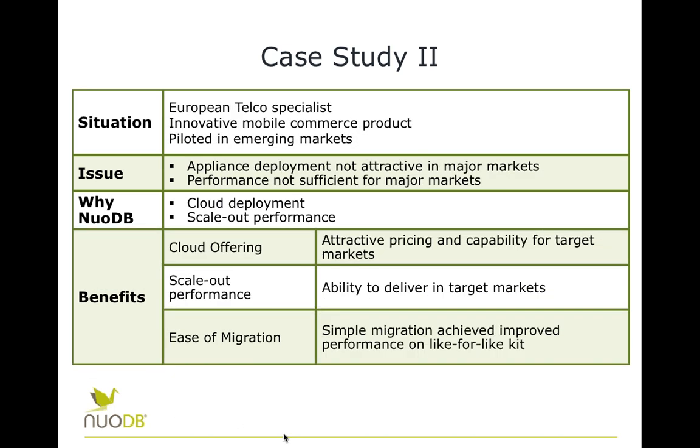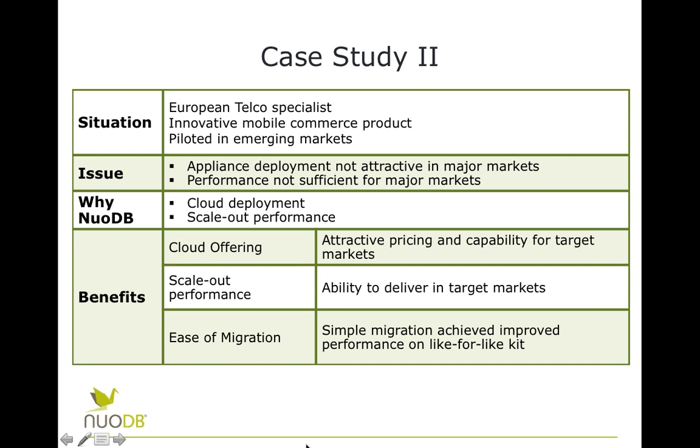And the second case study I'd like to look at is a European company, and they've rolled out a pretty cool mobile commerce application, but they've been piloting that in what I've called here emerging markets, i.e. small. But they need this application for their corporate success.